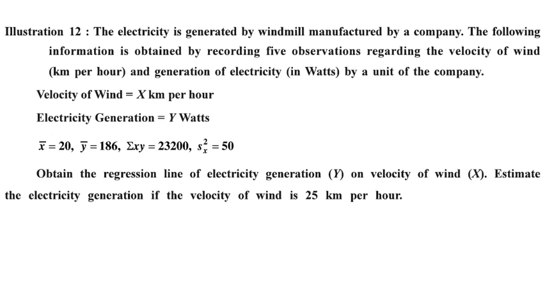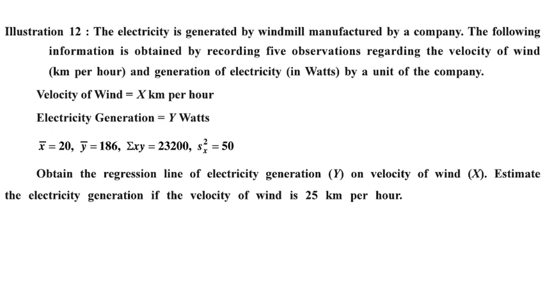So the x bar is 20, the y bar is 186, the summation xy is 23,200 and sx square is 50. Now looking at this, I am thinking that we might have to use that covariance xy formula, where we had to write summation xy minus n x bar y bar divided by n into sx square.